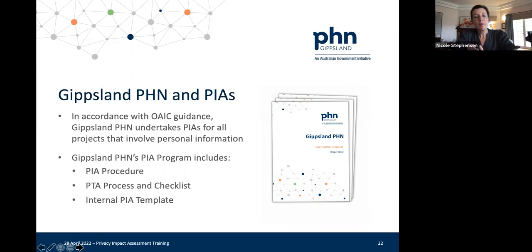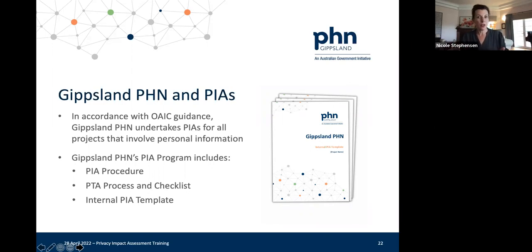The privacy impact assessment program, or risk assessment program, includes 3 ways of helping you to get through this. One is that there is a privacy impact assessment procedure, and that is what stipulates the steps that you need to take in order to give effect to that policy position that you just do PIAs here.